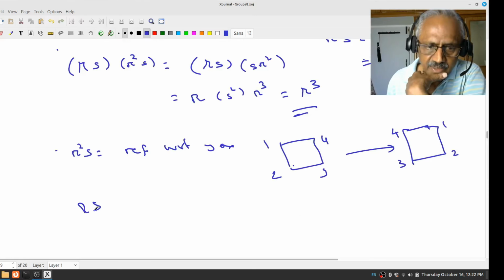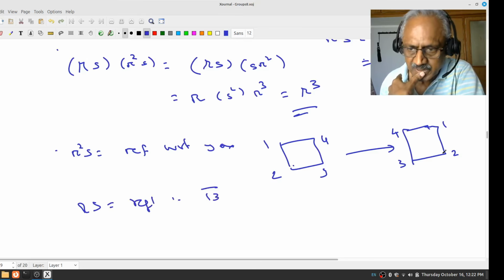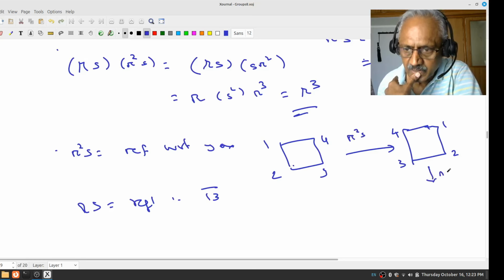What was rs? rs was reflection with respect to the diagonal 1, 3, that is with respect to this diagonal. Therefore this is r squared s, and now from here I want to go to rs.